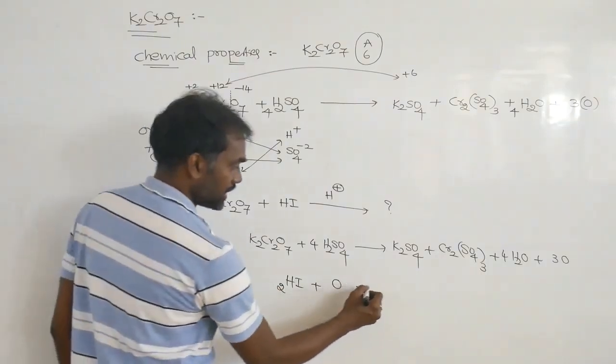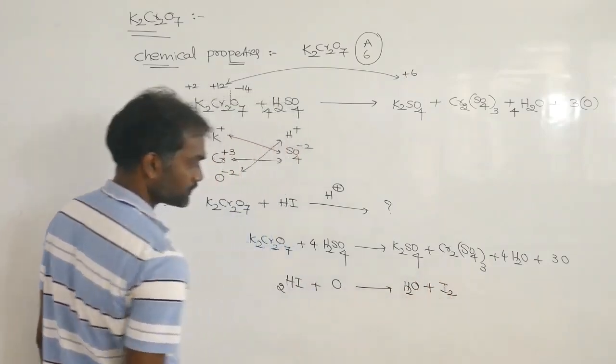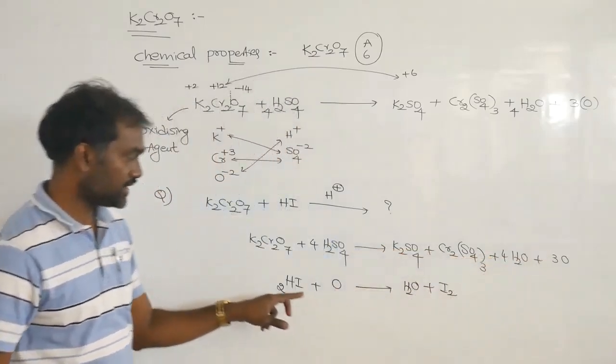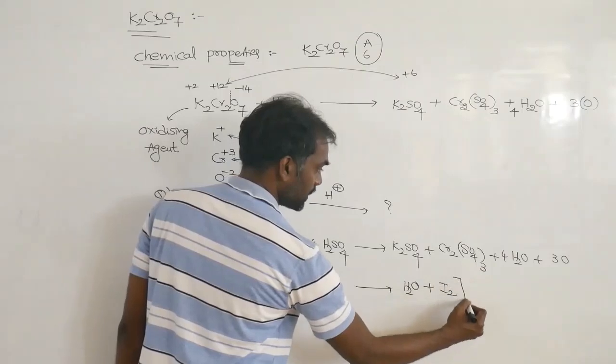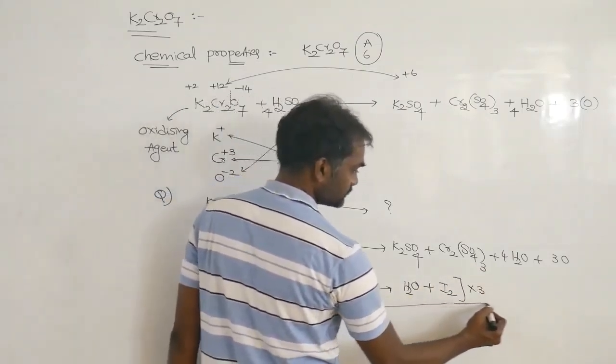So you are getting H2O plus I2. In the basic equation you are getting 3 oxygens. Here 1 oxygen is utilized, so this reaction is multiplied by 3. Now you balance.